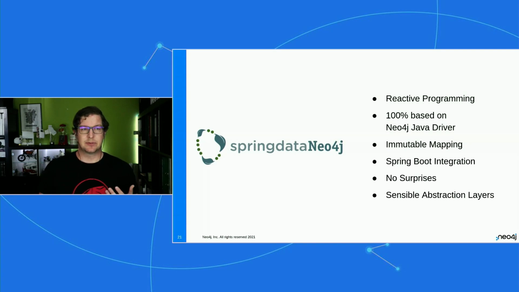And then we come to one of the last but not least points here, the sensible abstraction layers. So as I said, when you drop the Java driver into a Spring Boot application, you already have an auto-configured driver available.